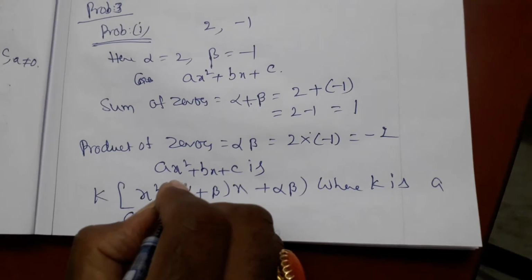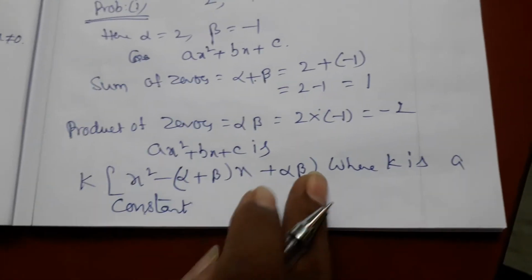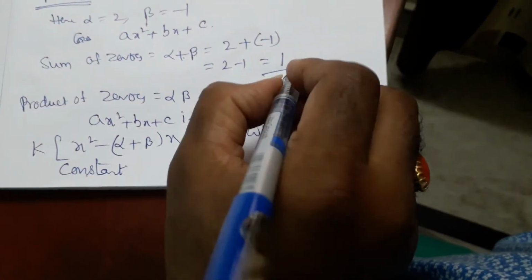This is the formula to find the required polynomial in this case. That equals k into x square minus alpha plus beta, which we found as the sum of the zeros, 1, that means 1x, plus the product of zeros, which is minus 2. That's why minus 2.